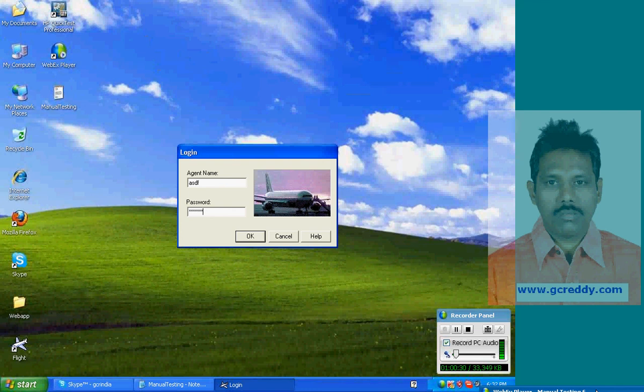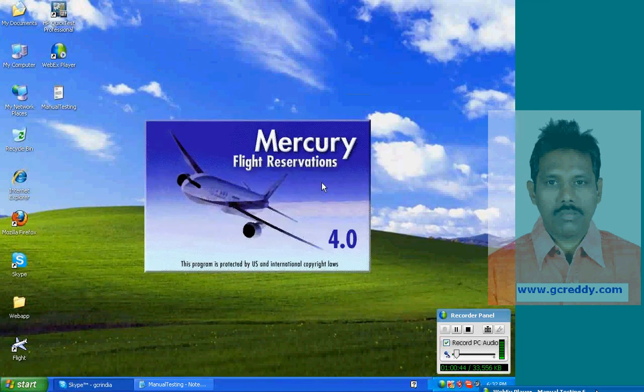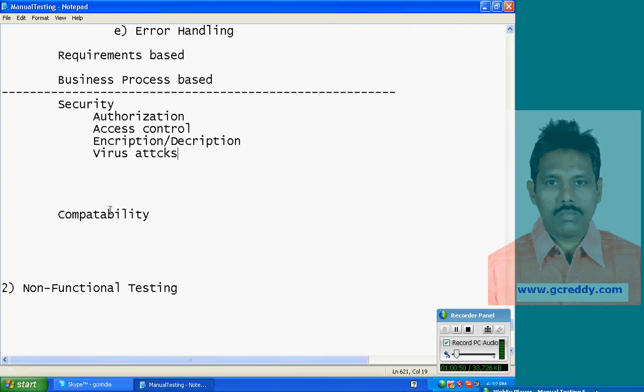And it has to be decrypted when it goes to the server side. See, this is a security feature. Here we have to verify how the secure data is encrypting and decrypting.